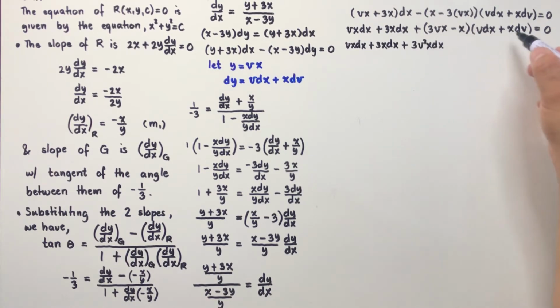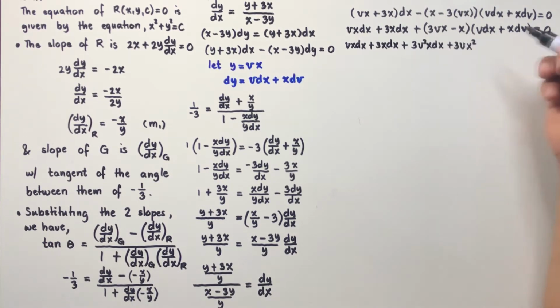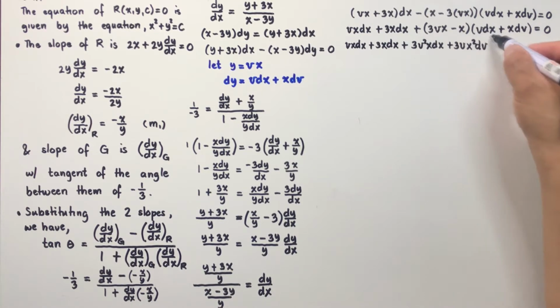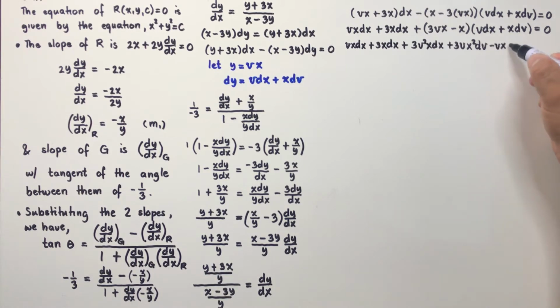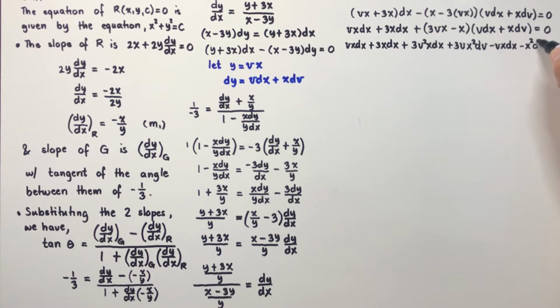And multiplying 3vx by this one here, we have plus 3v x squared dv. And multiplying this negative x to this v dx, we have negative vx dx. And this negative x times x dv, we have negative x squared dv here.